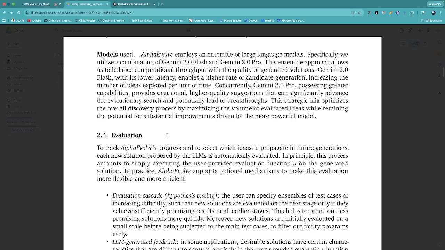Gemini 2.0 Pro, possessing greater capabilities, provides occasional higher quality suggestions that can significantly advance the evolutionary search and potentially lead to breakthroughs. This strategy mix optimizes the overall discovery process by maximizing the volume of evaluated ideas while retaining the potential for substantial improvements by the more powerful model.